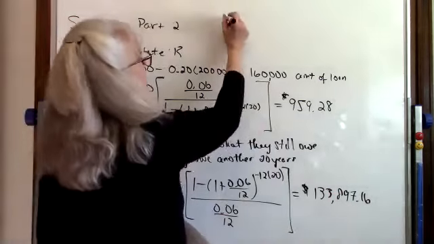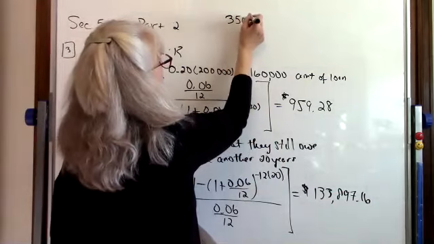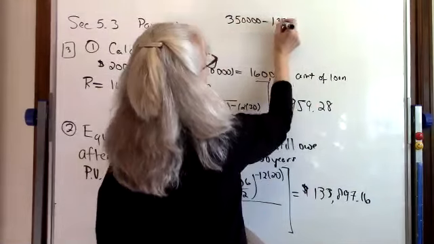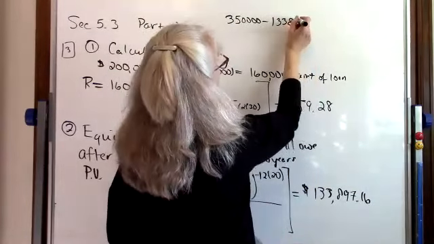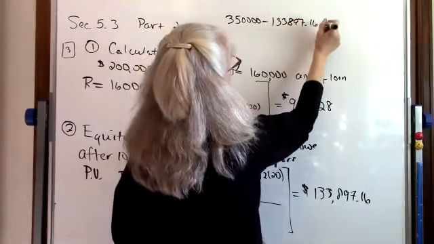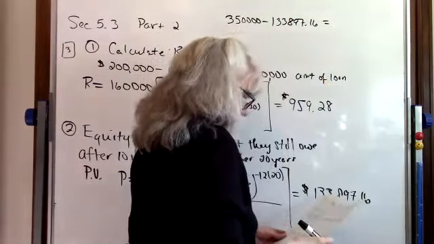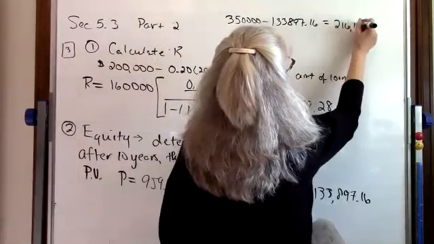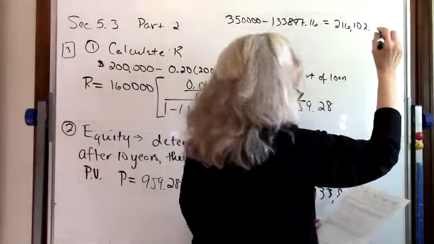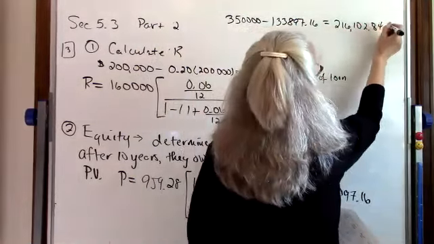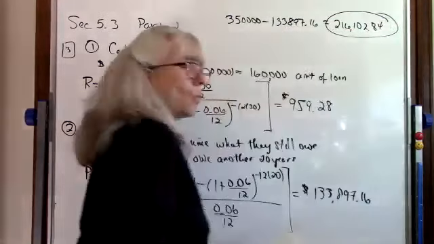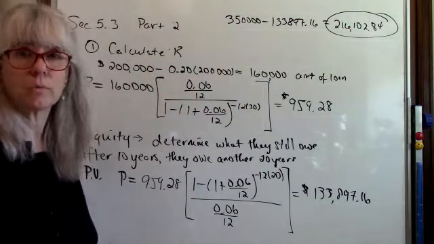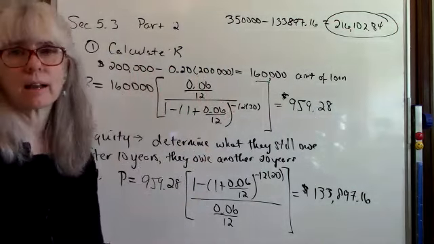So if we take the $350,000 that the house is worth, minus what they owe if they were to sell it, $133,897, we'll get their equity. And the difference between those two numbers is $216,102.84. And that's their equity. So they would walk away pocketing $216,000 on that home sale if they were selling it after 10 years.